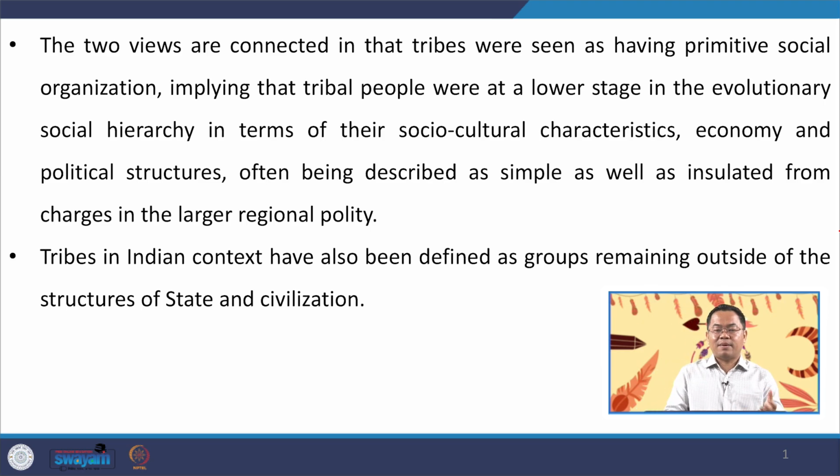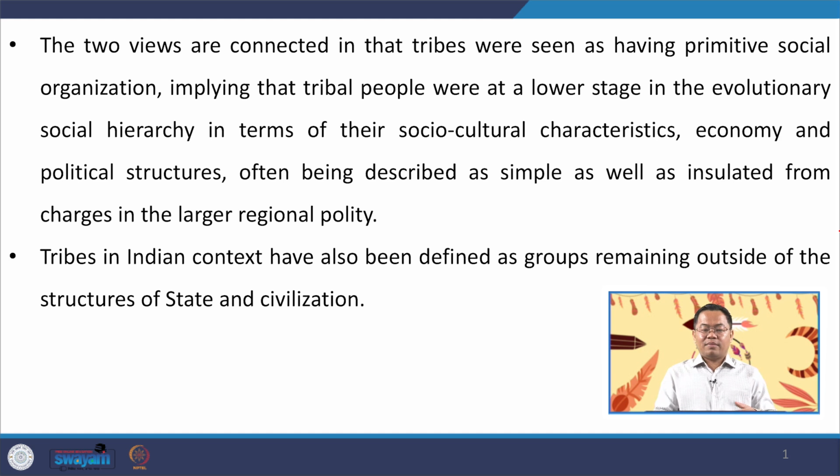Some of you may have studied anthropology and sociology, and all of us know that every sociologist, whether it is key sociological thinkers like Karl Marx, Max Weber, Emile Durkheim, have devoted almost their entire life trying to understand how human society changes over a period of time and what are the factors contributing to the changes.